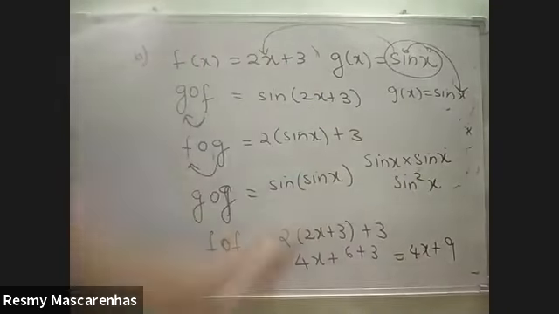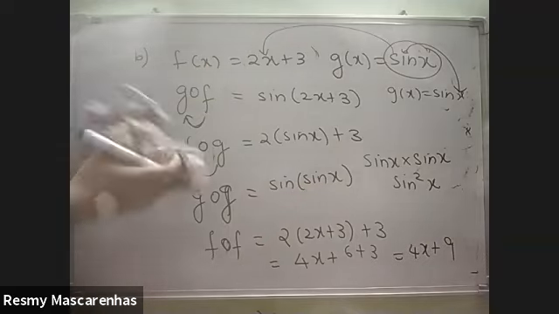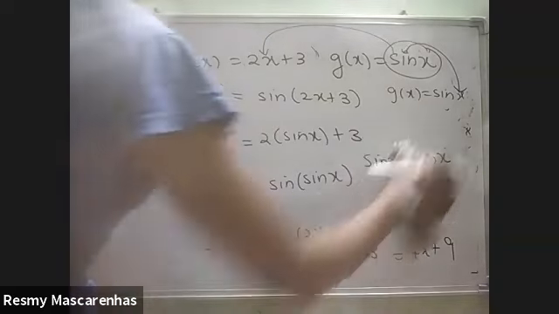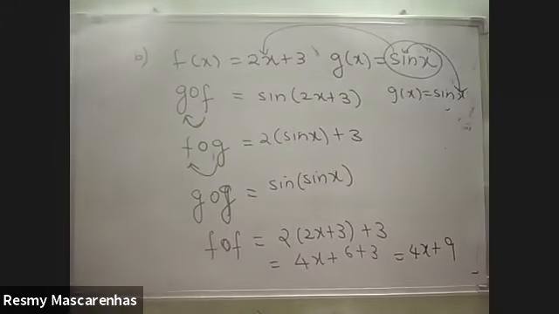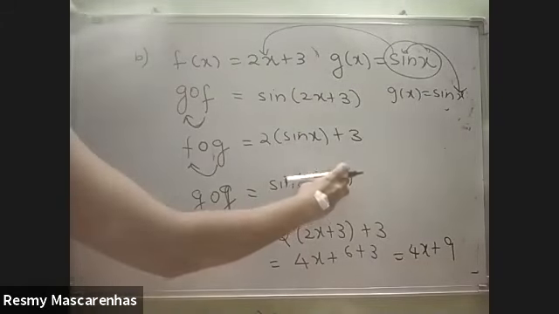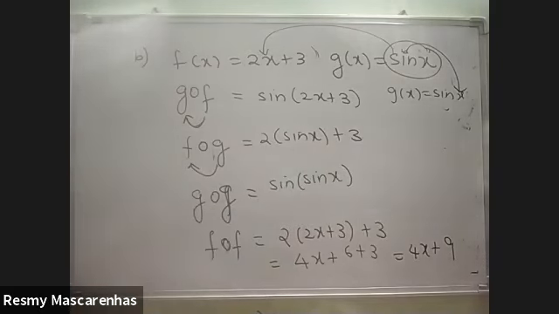But sine of sine x is not sine square x. This is like you solve some value and whatever answer you get, you have to find sine of that value. That way it is.